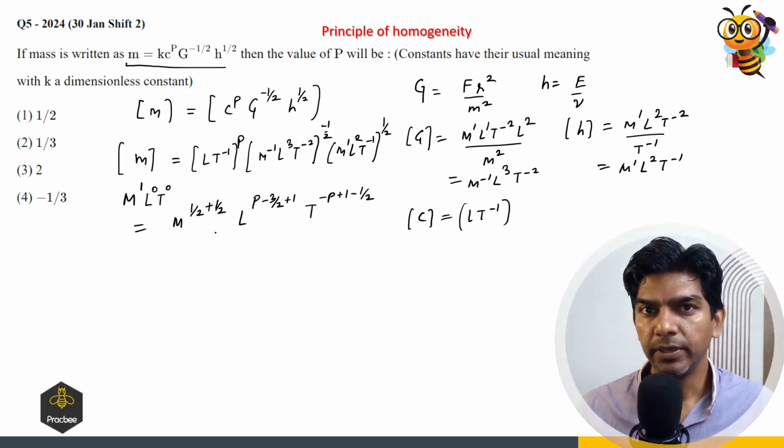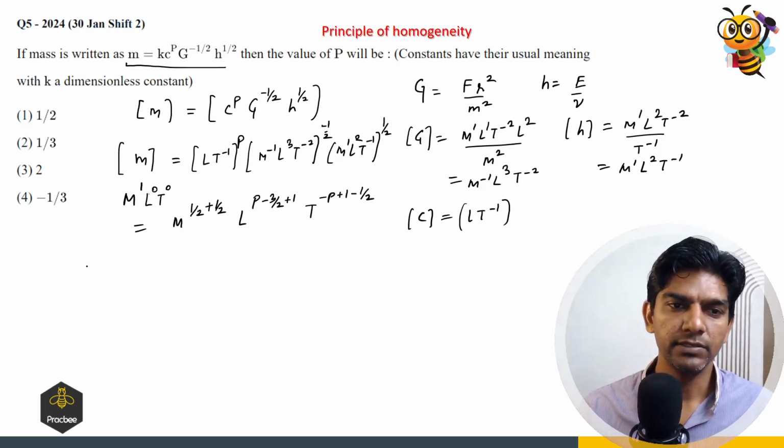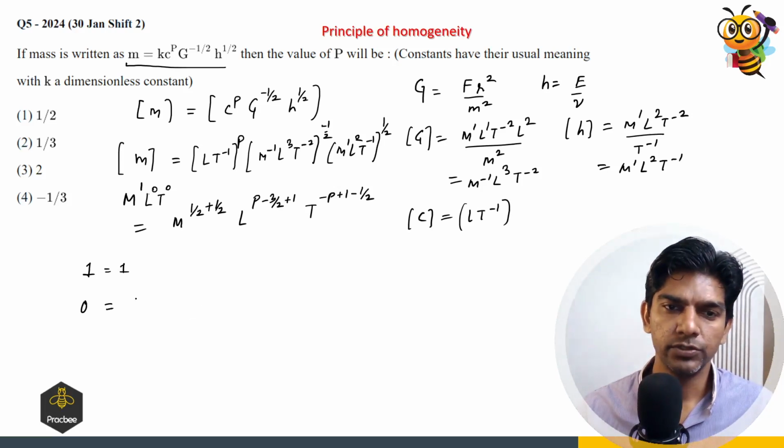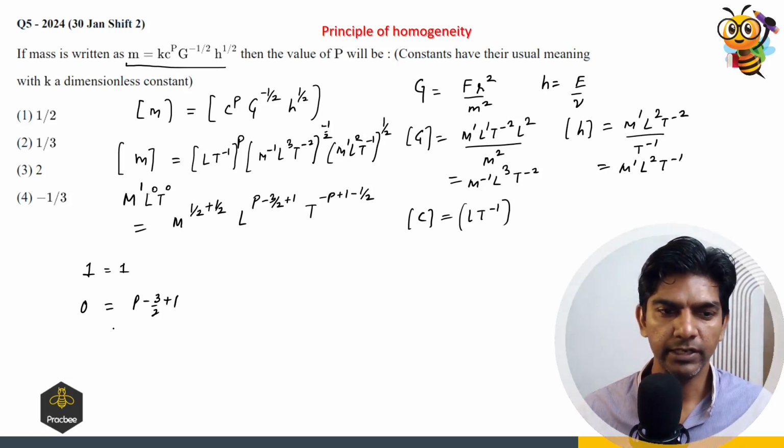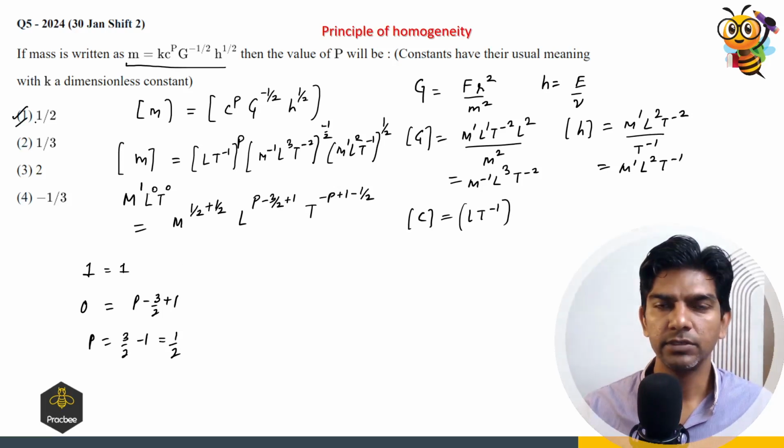Now we have to compare exponents in the left hand side with the right hand side. So we can say 1 is equal to 1 if we compare the exponent for mass, and 0 will be equal to P minus 3 by 2 plus 1, and we have to find the value of P only, right? So from this, P comes out to be 3 by 2 minus 1, which is 1 by 2. So option 1 is the right answer.